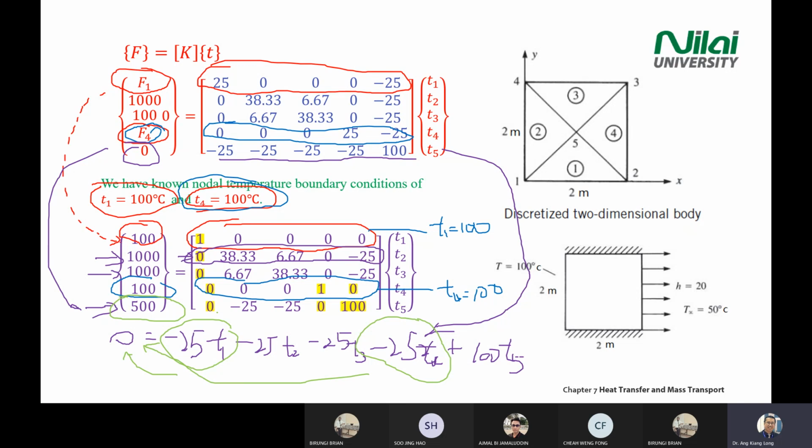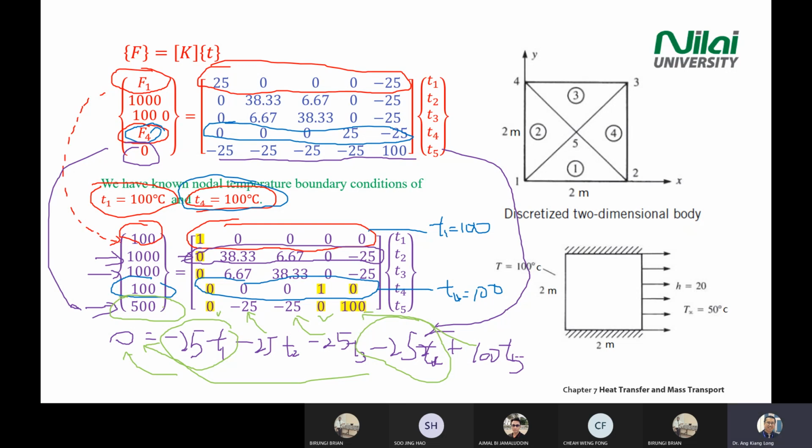So this one becomes 0, this one becomes 0, and you just import back to the matrix. Why do you see minus 25 here? Because the equation here is minus 25 T2, and here also minus 25. And again, that typo error in my PowerPoint slides is not 500, it's 5,000.